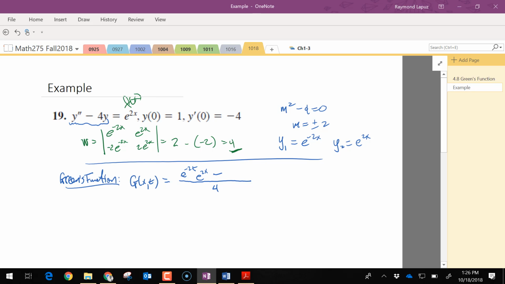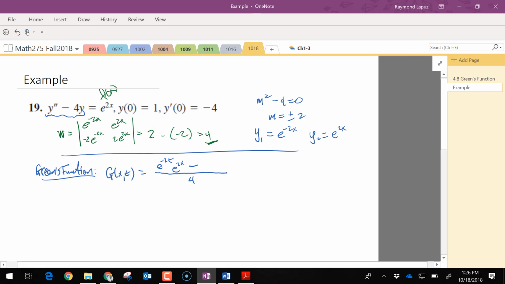And then the subtraction sign, and then we got y1 as a function of x, so that's e to the negative 2x, and then e to the positive 2t. And that's your Green's function. All we have to do is integrate that. Oh, no, we have to integrate that and then multiply by f of t.